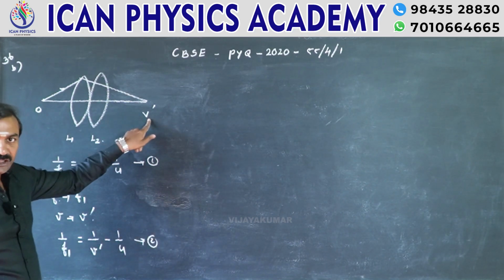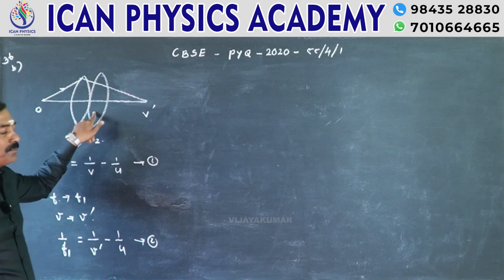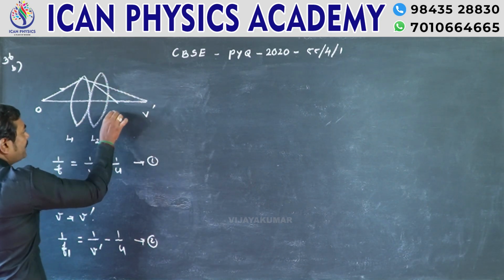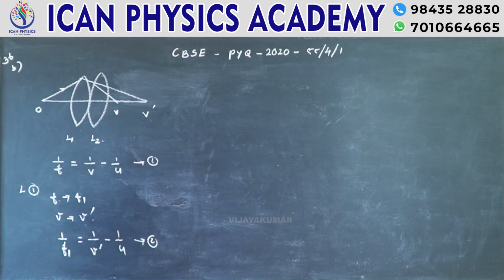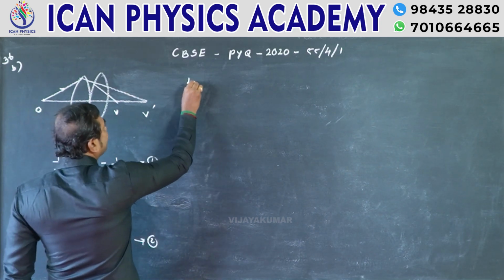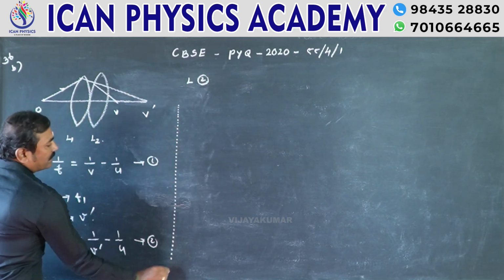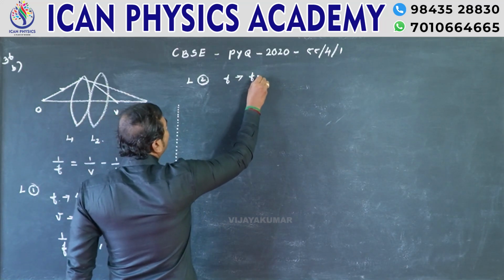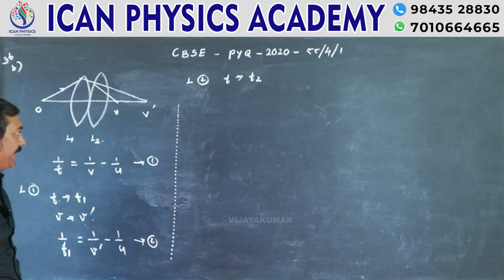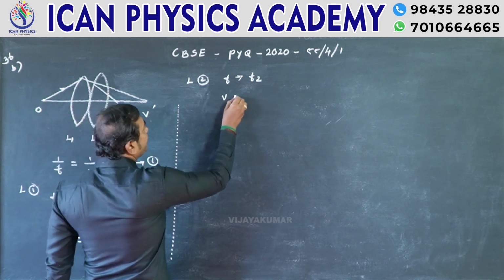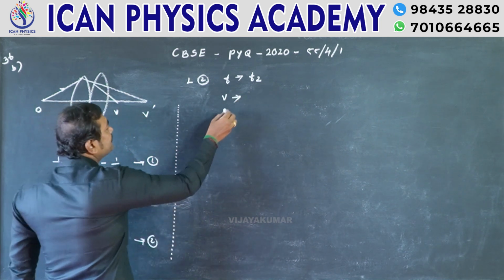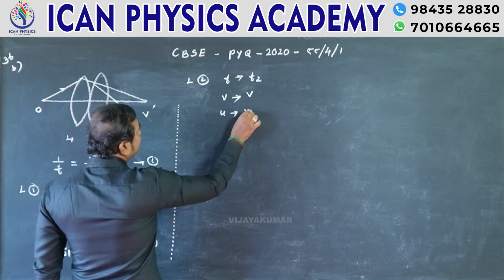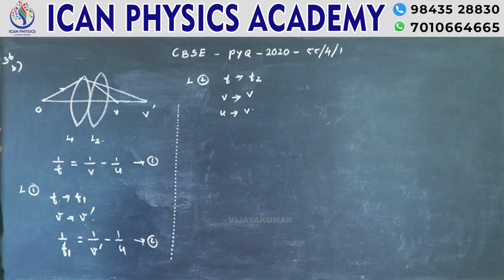Now the image acts as the object for the second lens, which produces the final image at this place. So for the second lens, the focal length becomes f2. The image distance is v. But what about the object distance? The object distance is nothing but v dash.